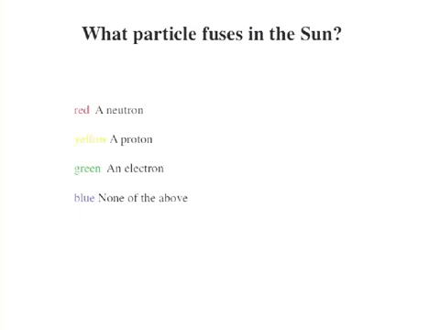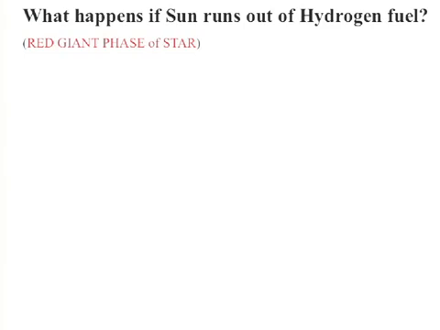Okay, so these reactions of fusion, you say, well, we don't have any of those problems. So let's build it. The problem is it's so damn hard to do. All right, so protons are fusing. Now, astronomers are curious to know what happens when the sun runs out of hydrogen, because this is occurring in the center of the sun, and it's burning the hydrogen, and the hydrogen is being converted to helium.